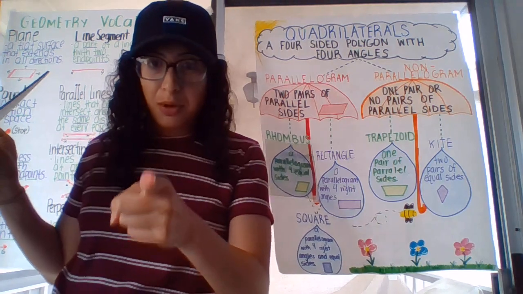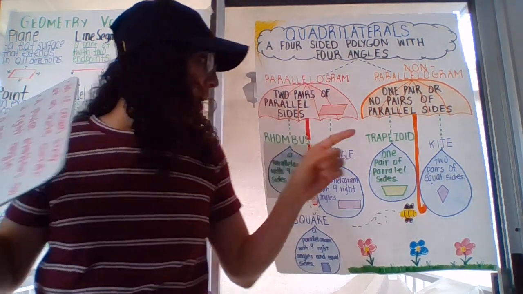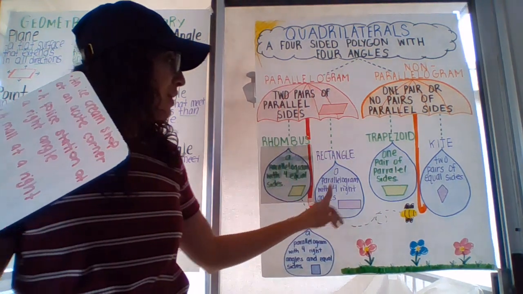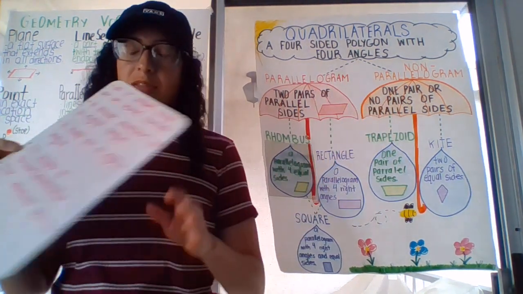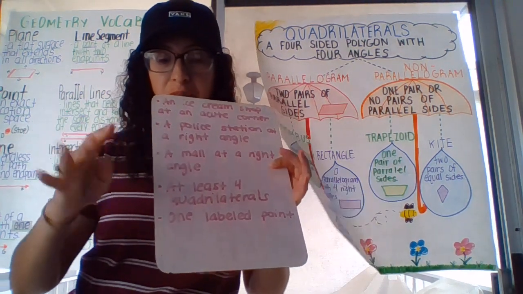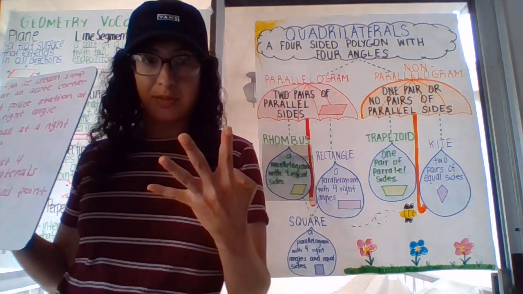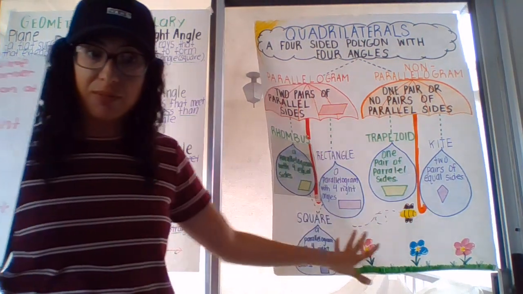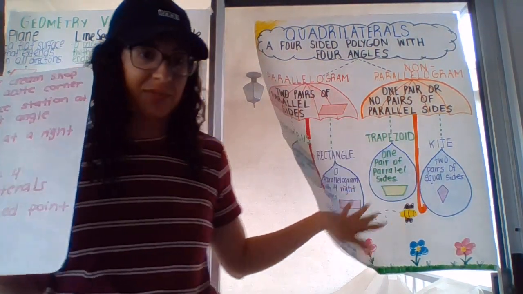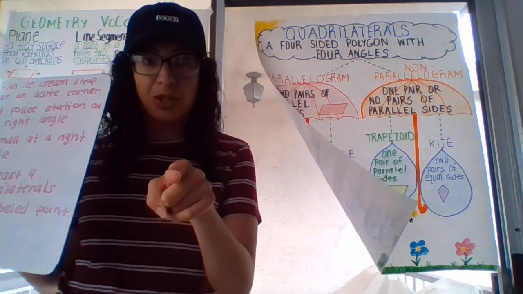Those of you who I know can take on a challenge, you know who you are, I want you to pick 4 different ones. So you need at least 4 quadrilaterals. If you want to draw all of them, that's more than 4, that's fine. But I want you to draw 4 different ones if you can take on the challenge.